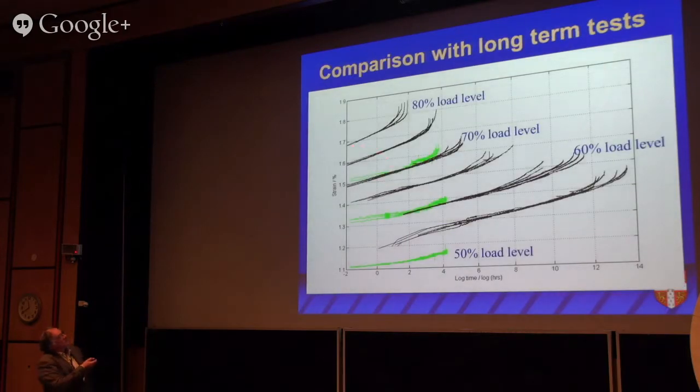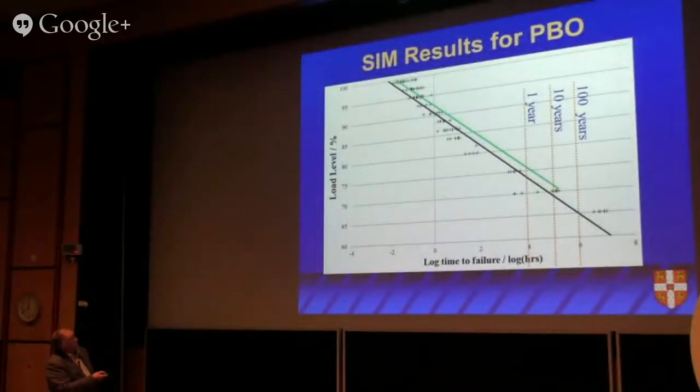But the result of this is that we've got predictions for the behaviour of PBO at different load levels over lengths of time. The green is real creep data, the black is accelerated test data extrapolated. And the conclusion from this is that if we want to leave the load on PBO for a year, we can put on stresses of the order of 60–65% of the short-term strength.